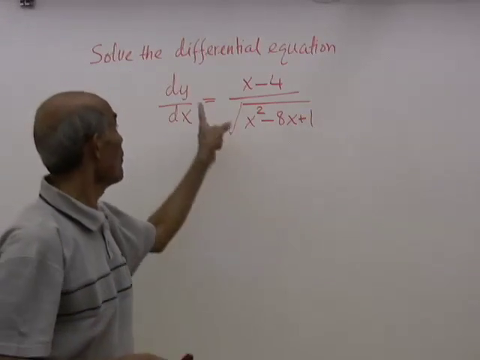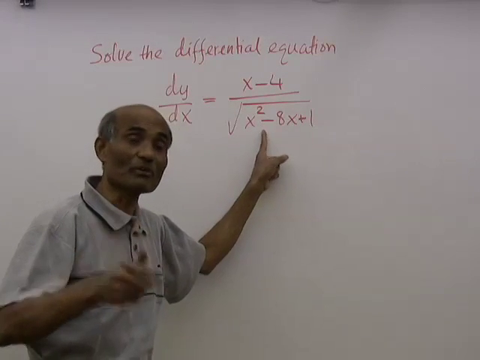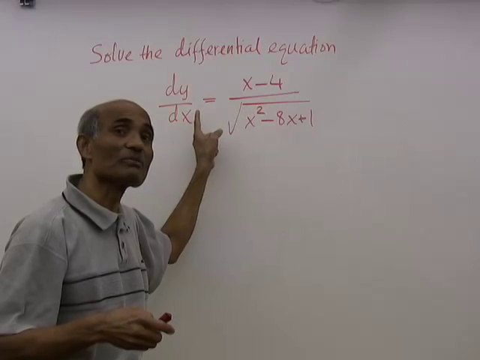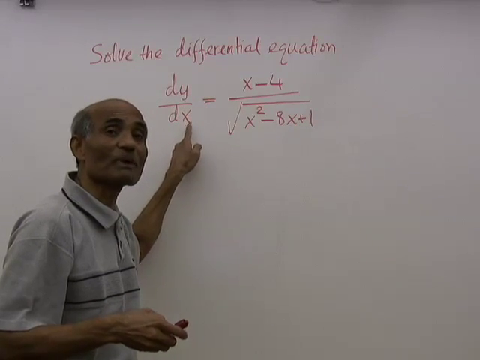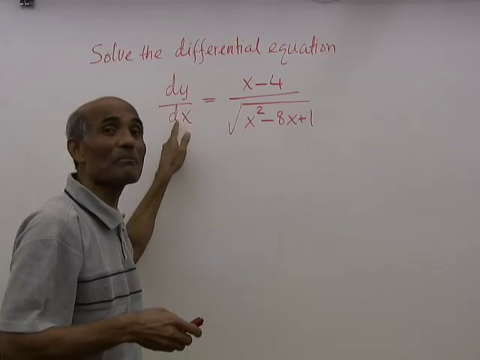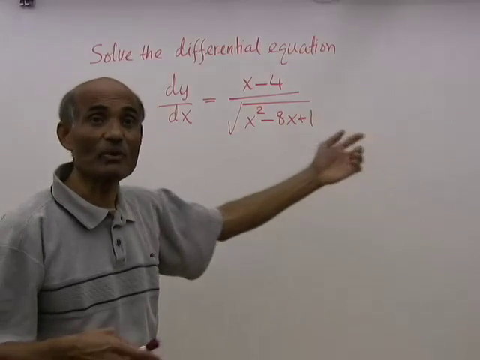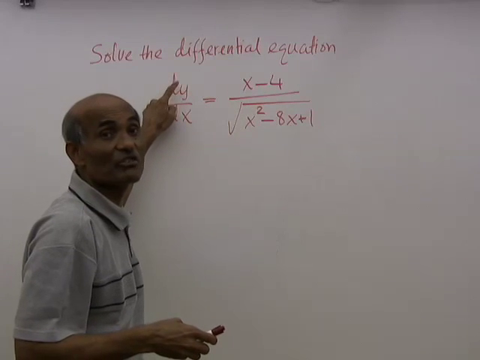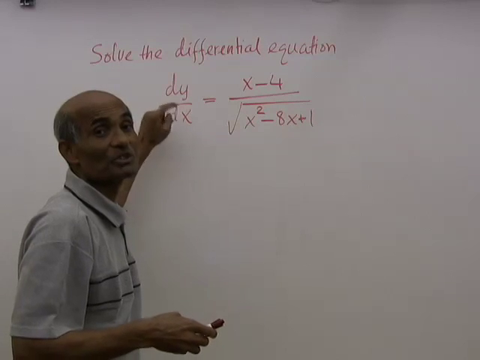Now here, y is the dependent variable, x is the independent variable. We have the derivative of the dependent variable with respect to the independent variable, dy by dx.